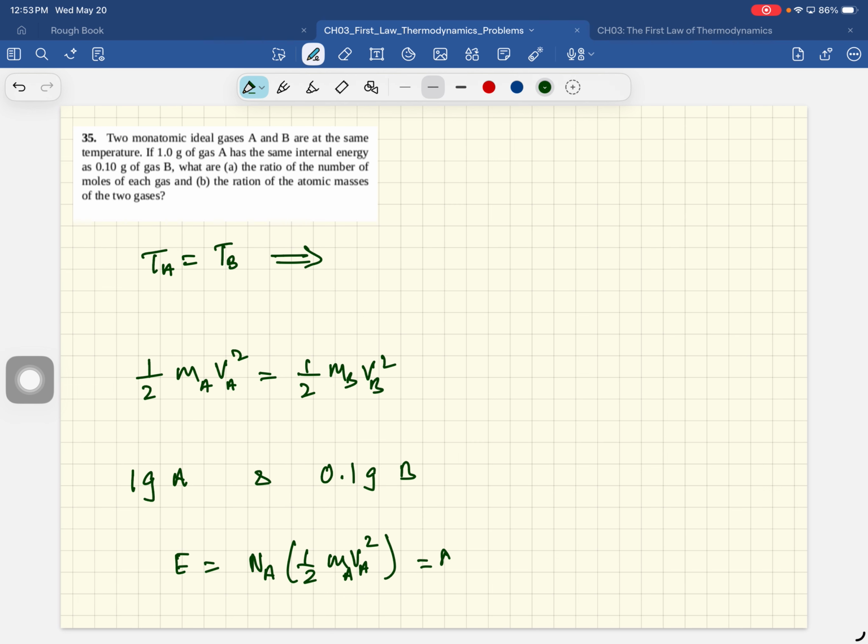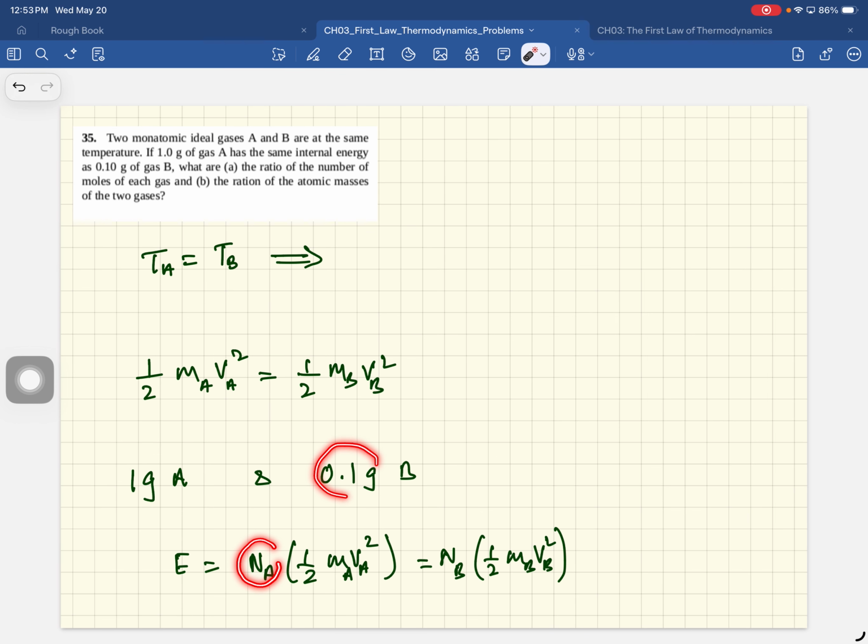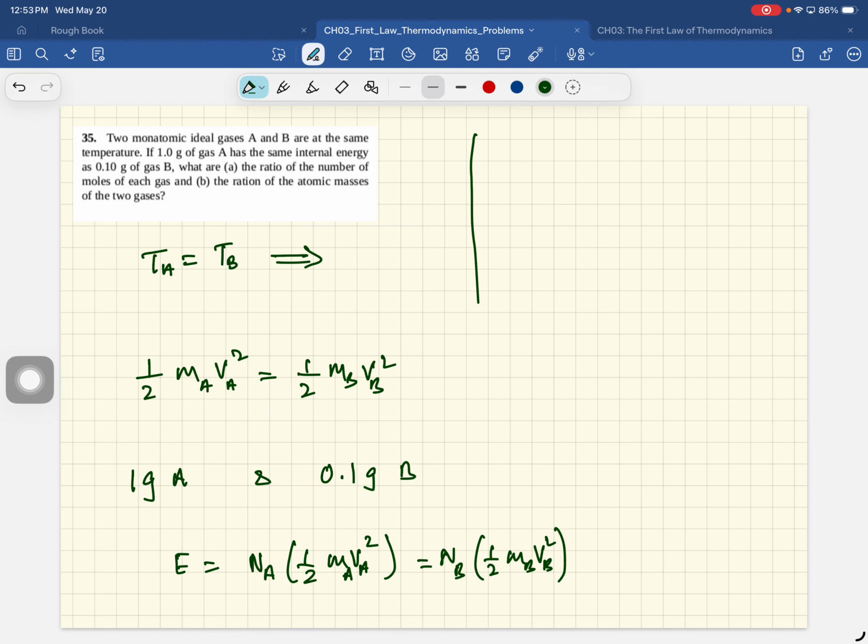So P1 is 5 megapascals. Volume is 5 liters. Log 2 plus P3 is 5 liters, 2 megapascals, 5 liters, log a half.